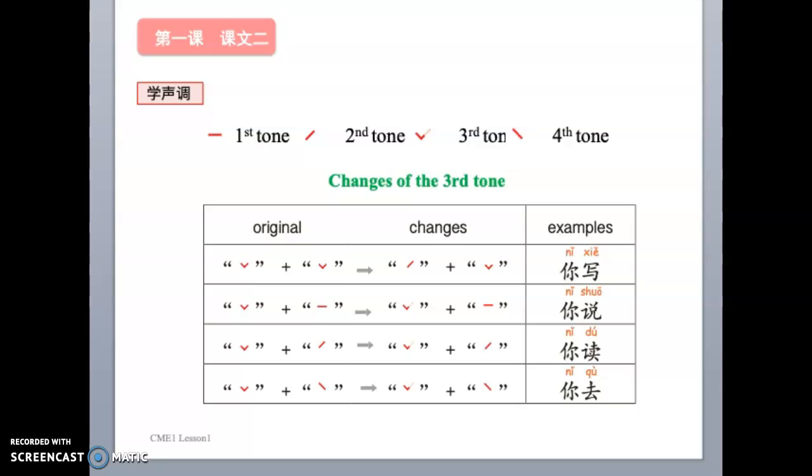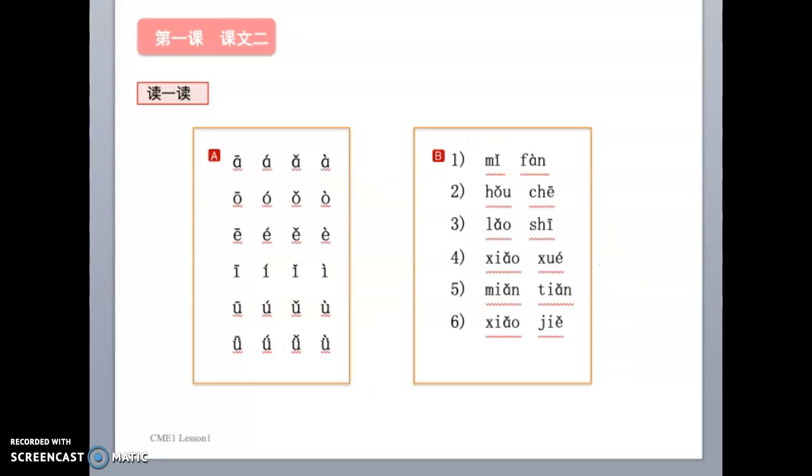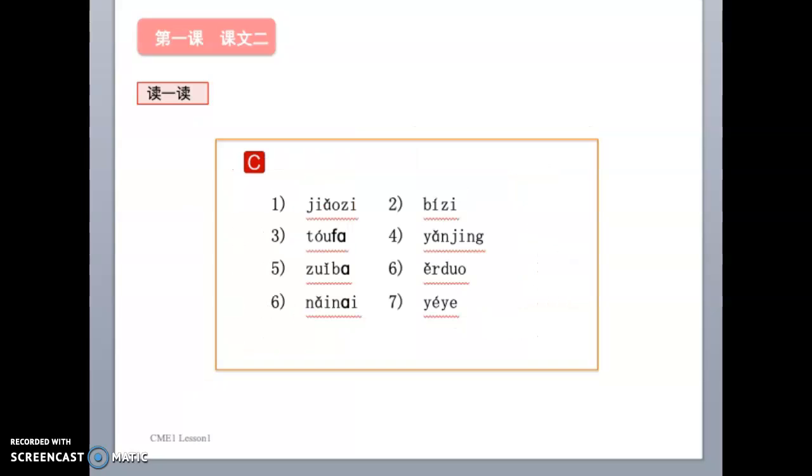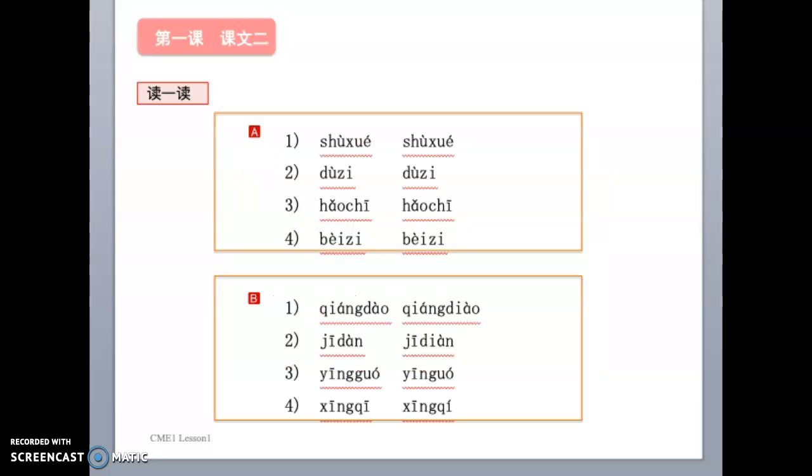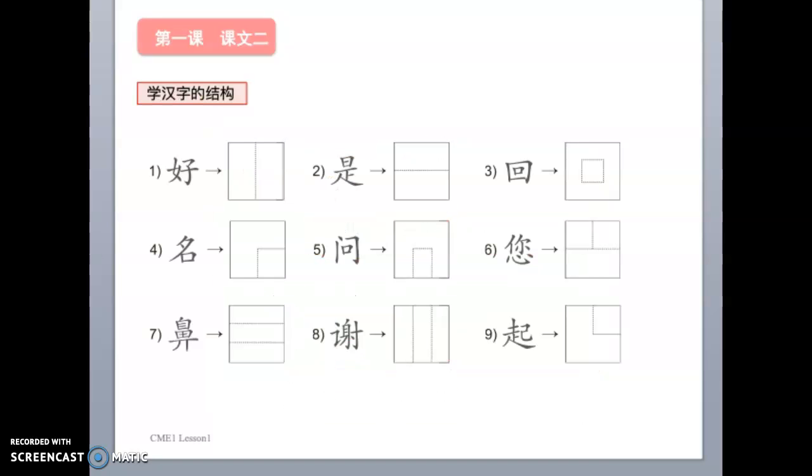The more you hear Chinese correctly spoken and imitate that, you will acquire good pronunciation. And here again, they're going over some of the vowels and how they're used in words, but we haven't had those words yet, so we're not going to emphasize those. We haven't had these words either, nor these.